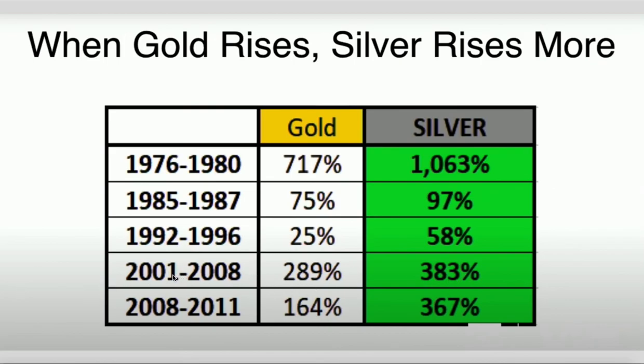Now, 2001 to 2008 wasn't that big of a deal, but 2008 to 2011 was a very big deal. But they ran up in both periods. And again, silver almost always goes higher than gold, because the ratio, that average of 65 that I just picked out of the air, it could be 50, it could be 70.